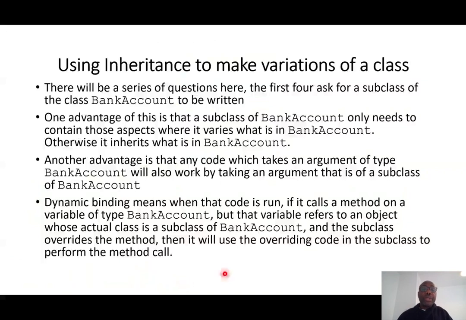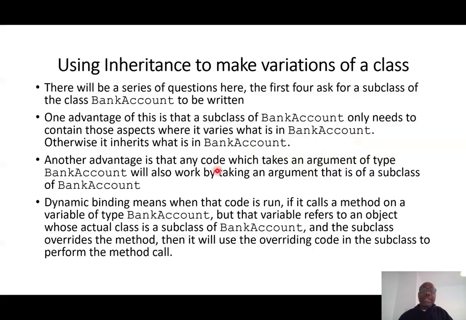So there will be a series of questions here. The first 4 ask for subclasses of bank account to be written. One advantage of this is that the subclass of bank account only needs to contain those aspects which it varies from bank account.